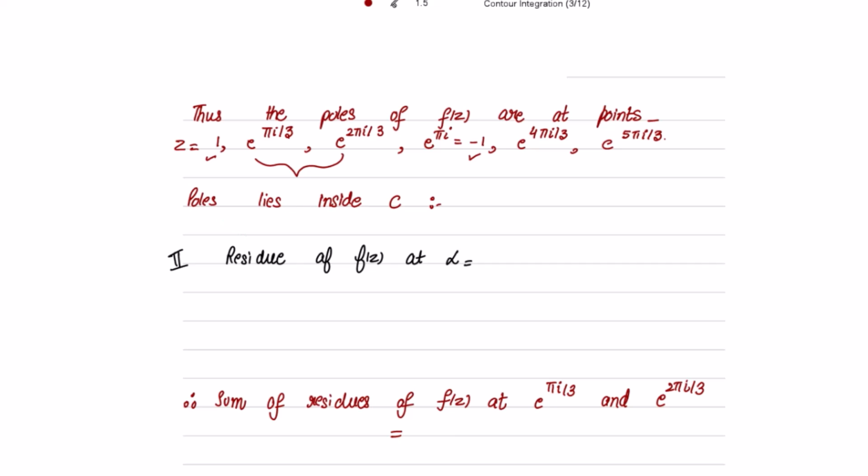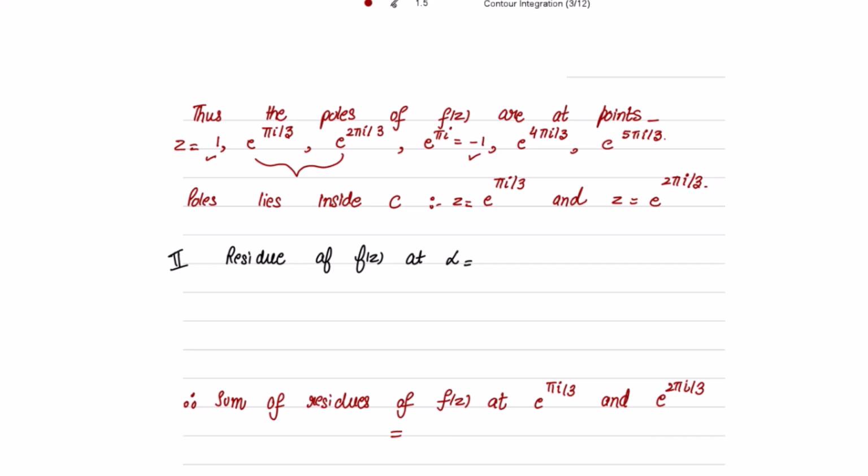So the poles lie inside the contour C: z = e^(πi/3) and z = e^(2πi/3). Now to find the residue at these two poles, we will calculate the residue of f(z) at α, suppose.